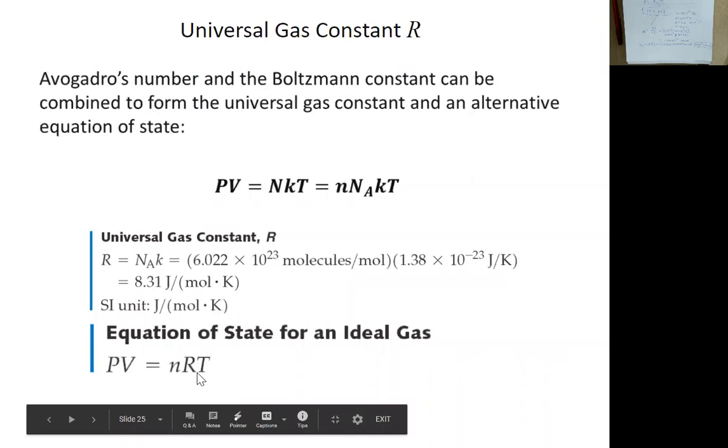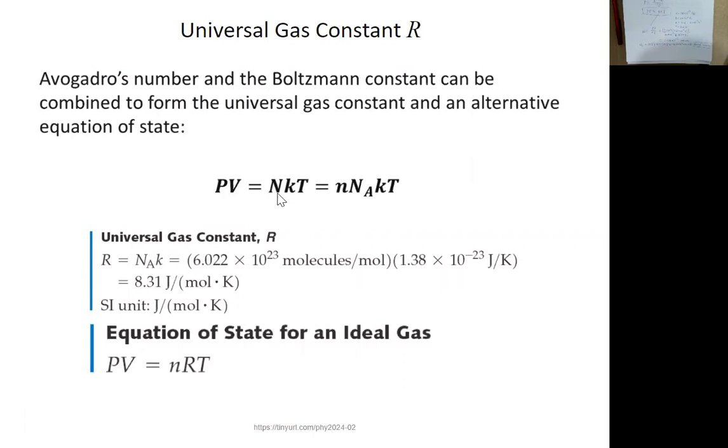So if you use moles instead of numbers of molecules or atoms, then this is your new expression. Originally you have PV equal to capital N times K times T. Now you rewrite capital N as number of moles times Avogadro's number, times KT, where Avogadro's number and K are both constant numbers. You can group them together.